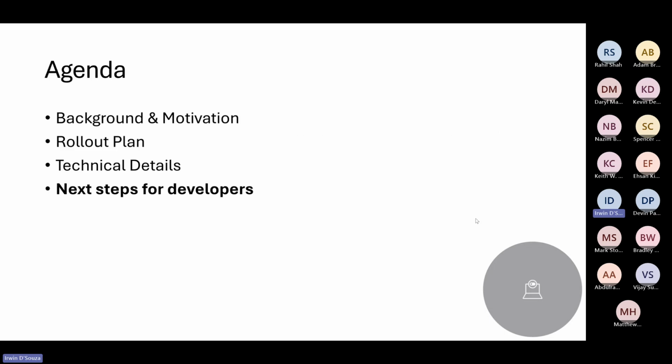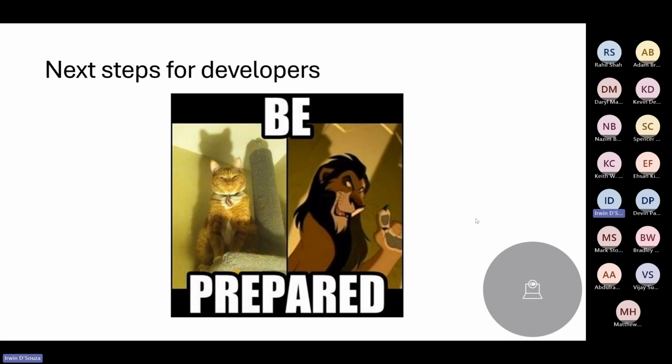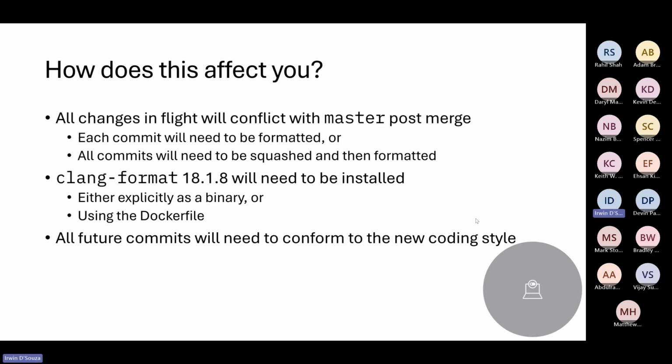So next step for developers, be prepared. This is coming. But how does this affect you? All changes in flight will conflict with master post-merge. And so you're going to have to either format every single commit, or if that's too hard, you can always squash them and then format it, but it is something that you will need to do.